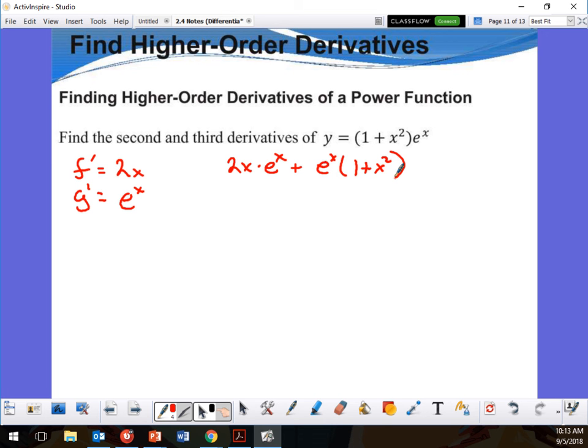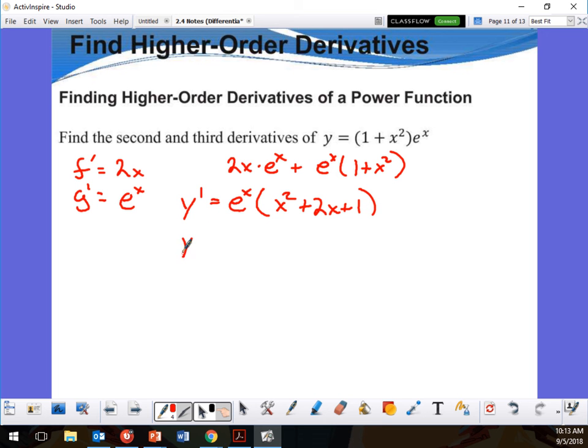Yes? I'm hoping no one's just playing on their phone right now. Or is it just too trivial? Okay. All right, so that's going to be my first. Then I can factor out the e to the x, and it's going to be left with x squared plus 2x plus 1, right? Yeah. So this is my y to the first.